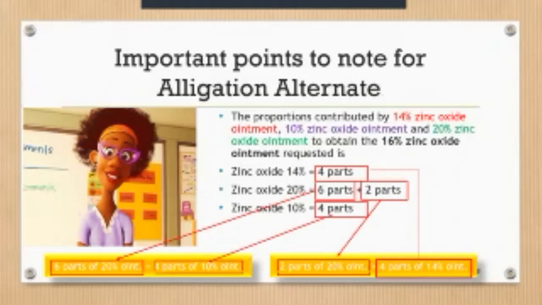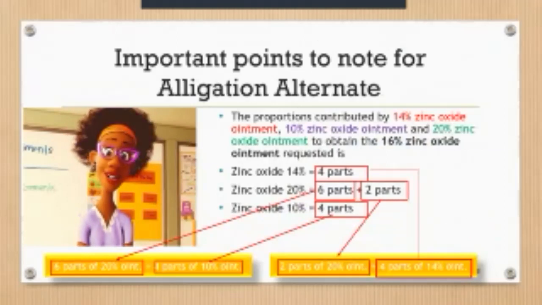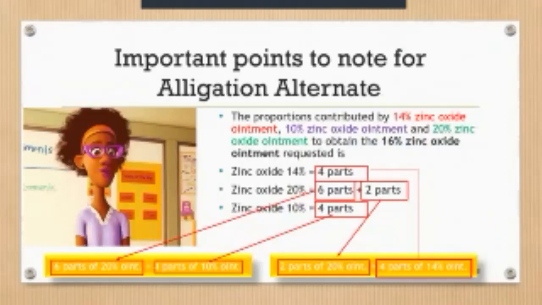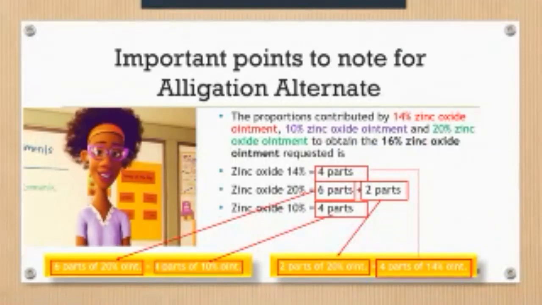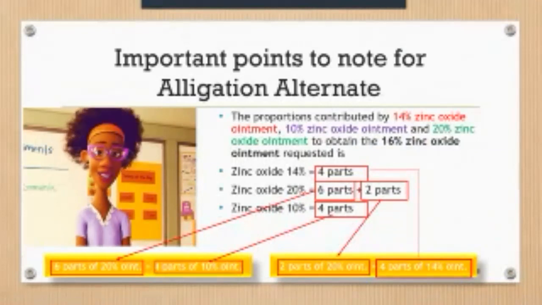So let's see how this is applied. This is applied now by adding all of these parts. And when we add all of these parts, I think we got 17. And then these proportions or these parts now, you're going to equate them in terms of grams. Now, the question didn't say how many grams of the 16% is needed.